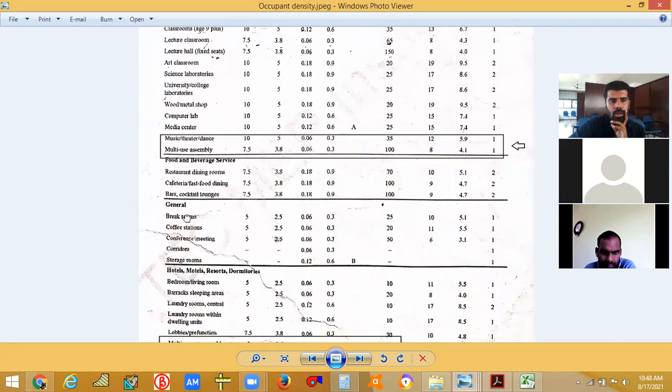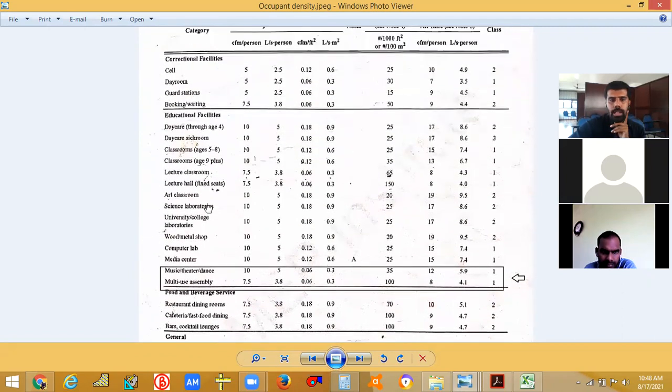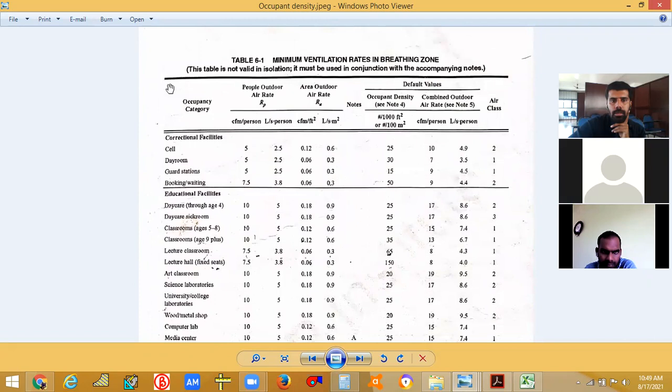Different categories are given here. This is the ASHRAE 62.1 standard. By this table, we are going to see how many people can be placed in our particular lecture hall.